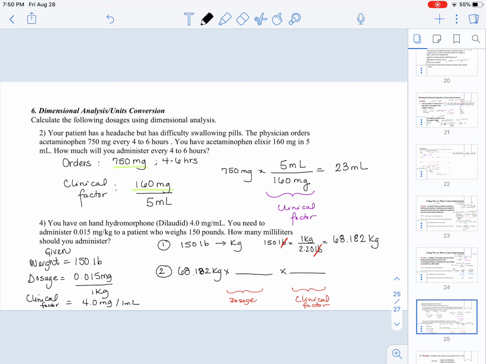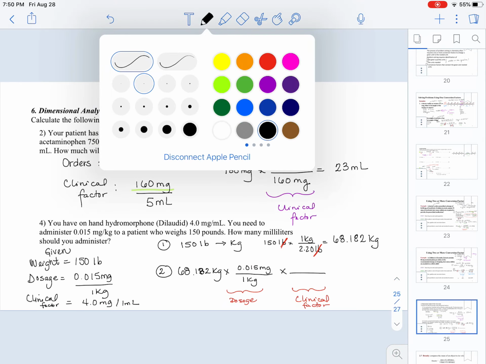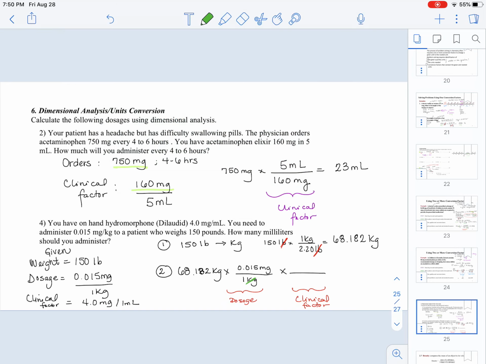When I utilize my dosage, in the bottom, I'm going to say 1 kilogram because that's the unit that matches. On top, I have 0.015 milligrams. The kilograms cancel.